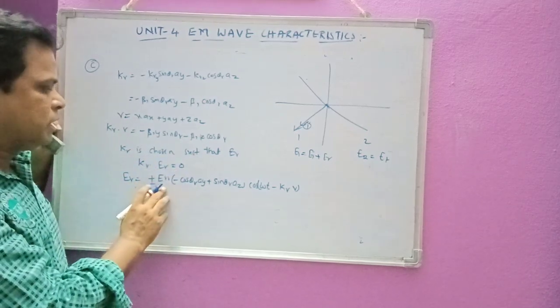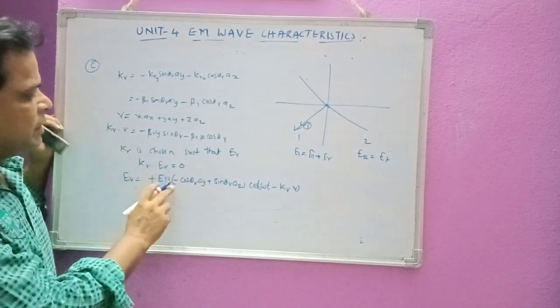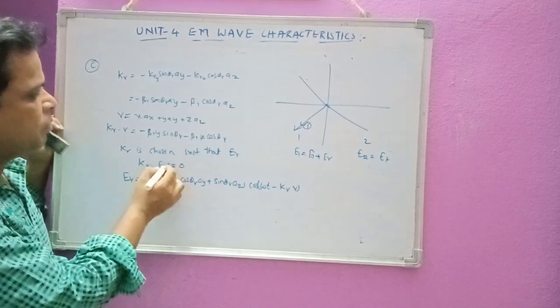Now if I check, we can easily say that kr dot ar for the positive sign will be equivalent to 0.